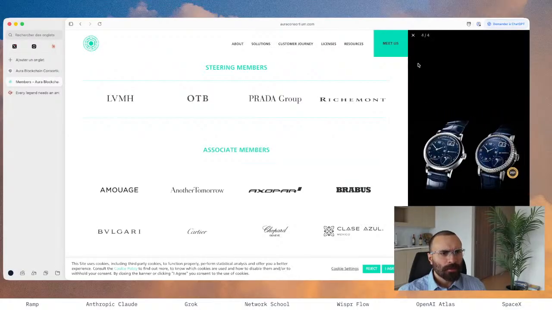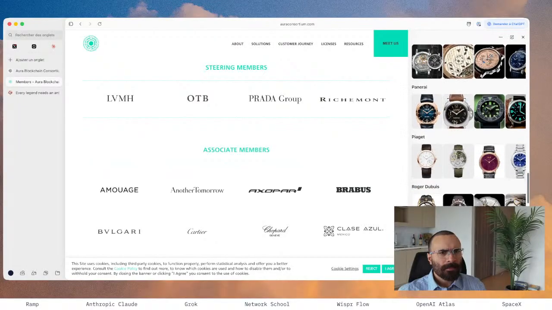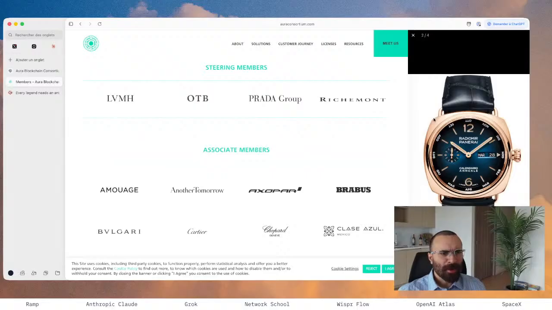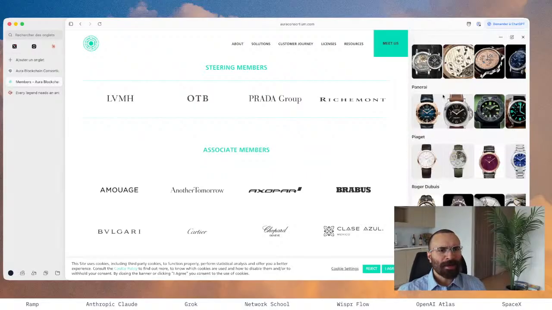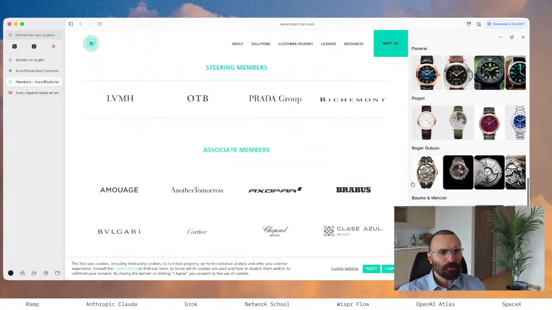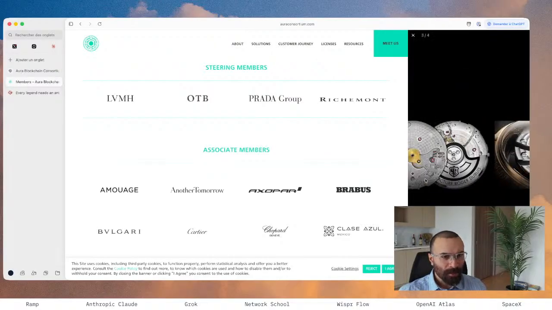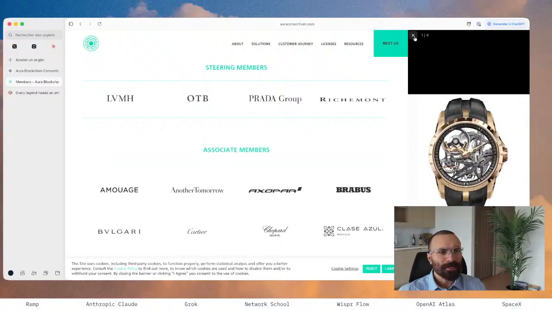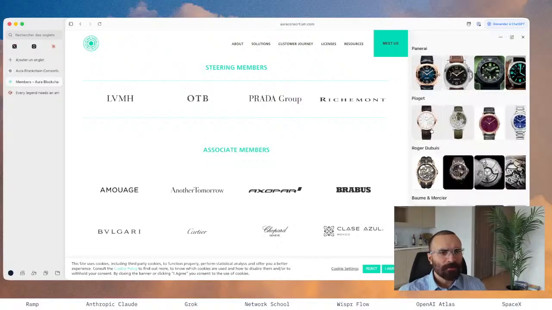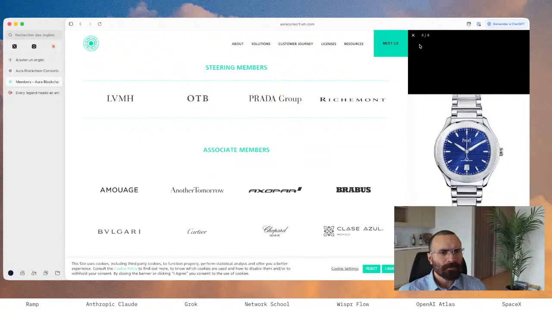Lange, Panerai is also, wow, they own all the, okay, Roger Dubuis. I think the pronunciation is Roger, something like that. Roger Dubuis. Piaget, I've never heard of this company.